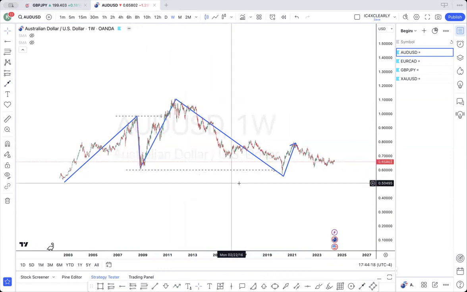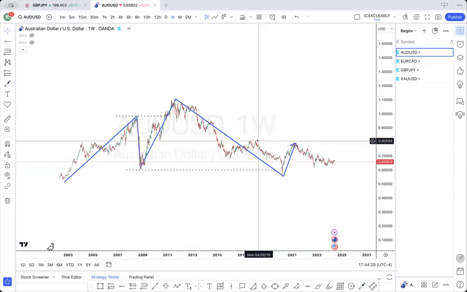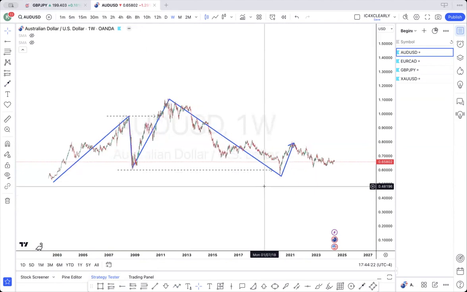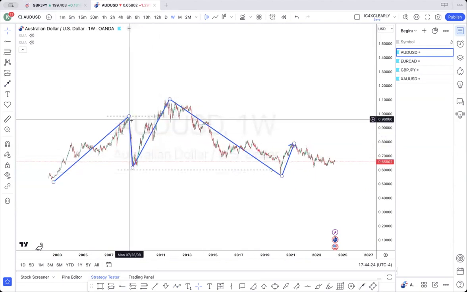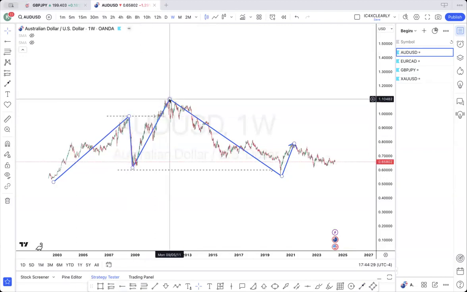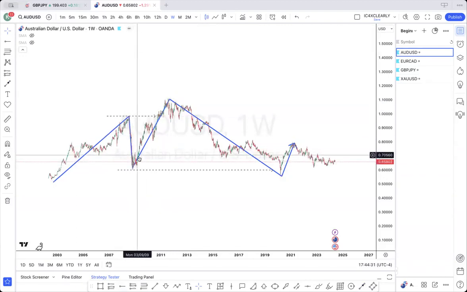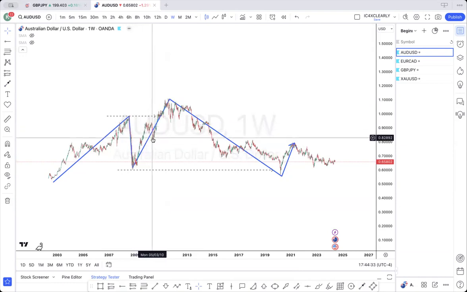Now that price has swept the low, we have external highs and lows, which are all these on the outside here, and then the internal ones, which are in between these zones here.